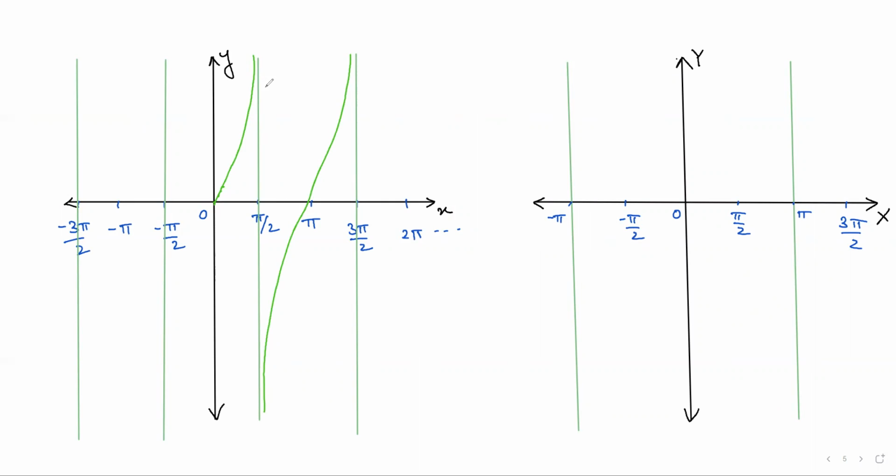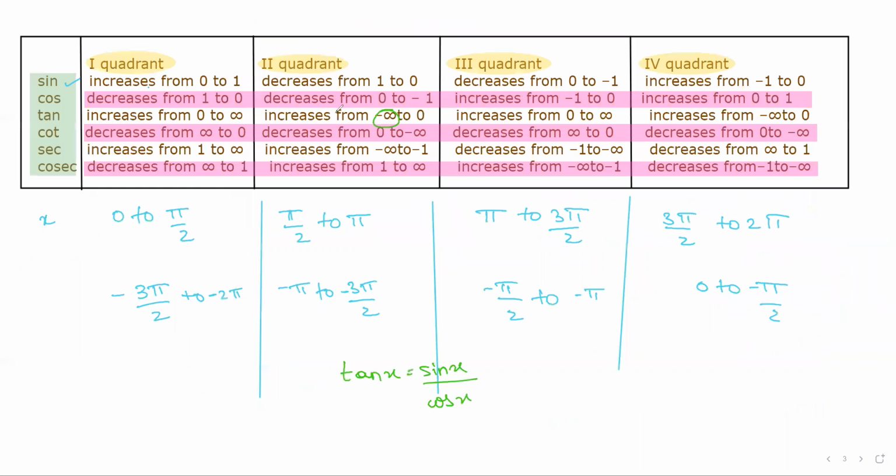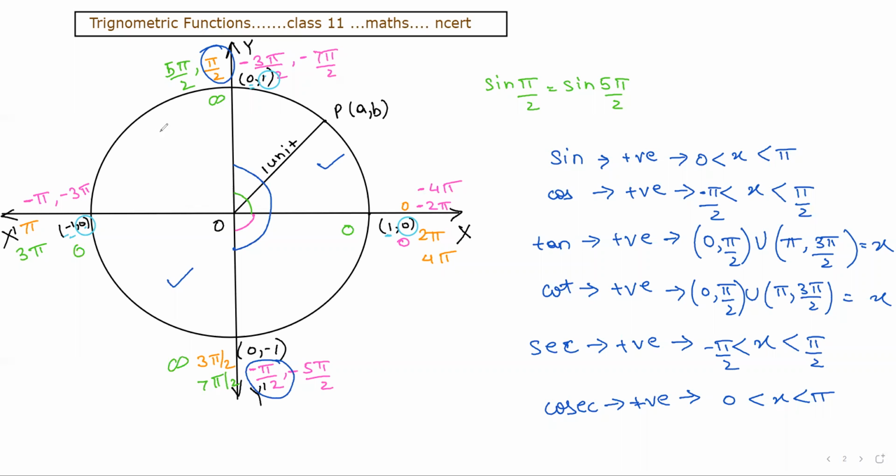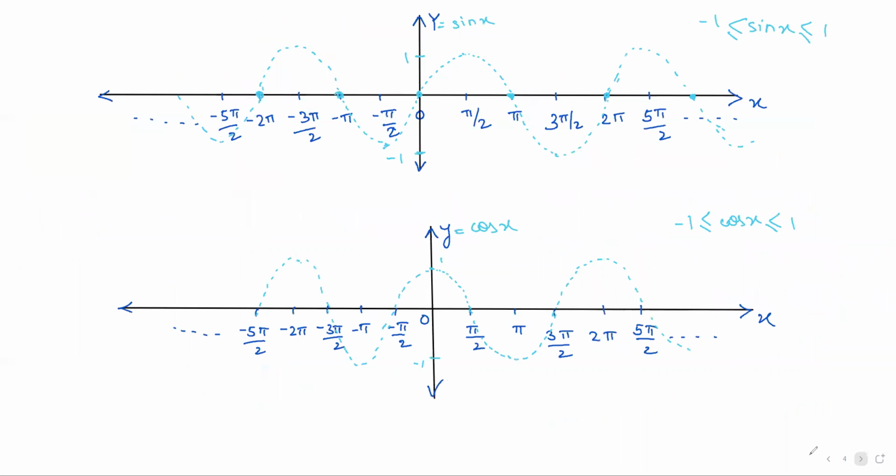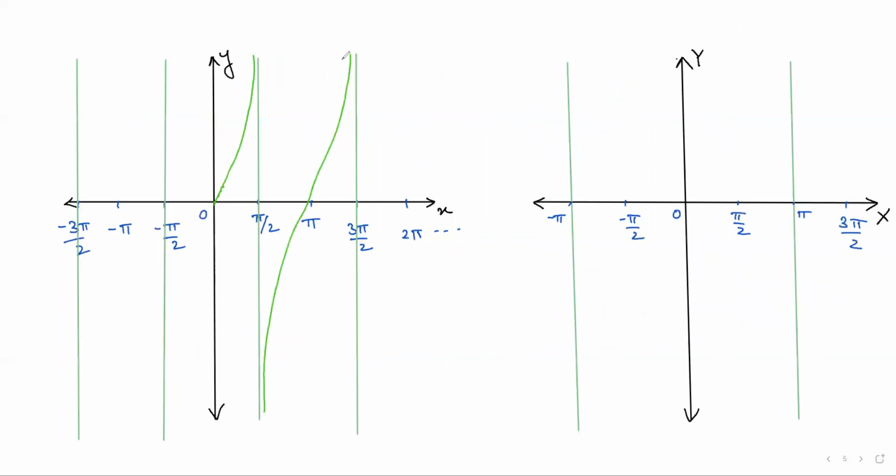So instead of going from infinity to 0, we are considering minus infinity to 0. Why? Because if you consider all the intermediate values, here your tan value is negative. If you had considered plus infinity, then you would have positive y values.